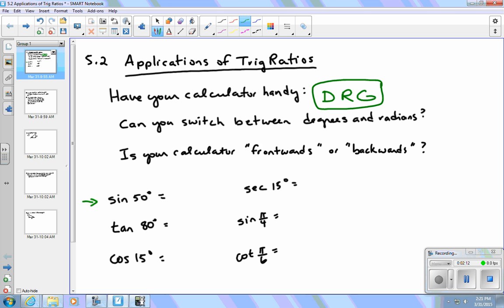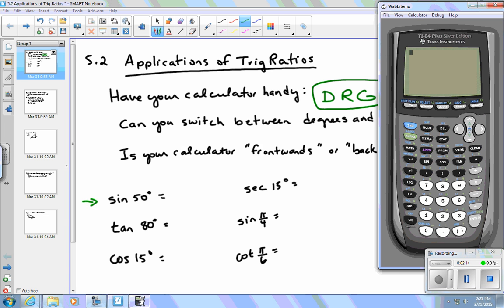So with your calculator, enter the sine of 50 degrees. So I'm just going to put in sine, if it lets me. Maybe I have to put my pen down.